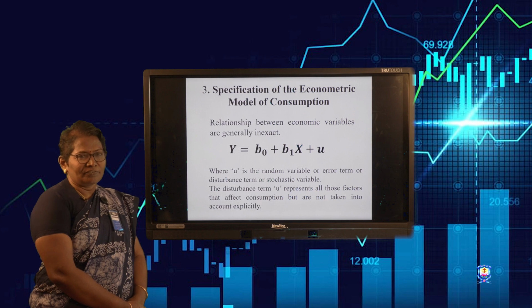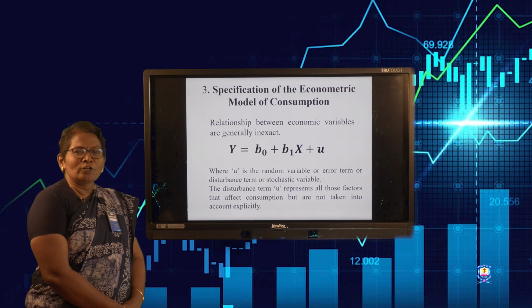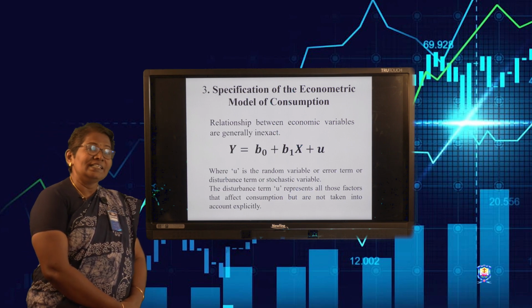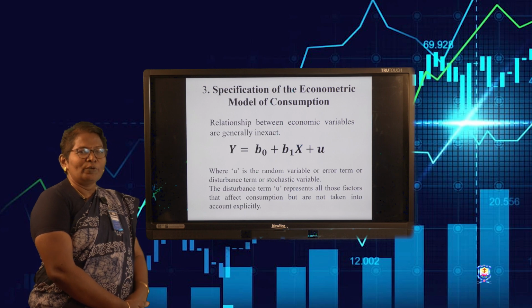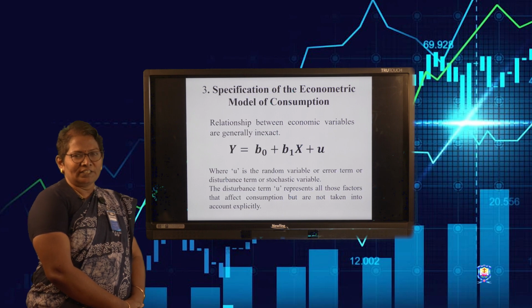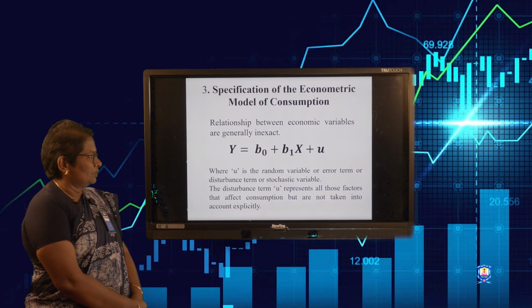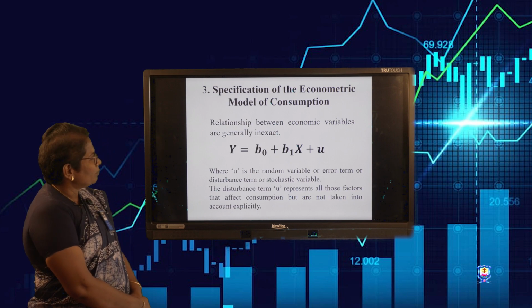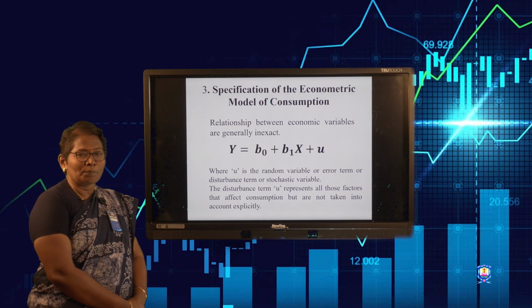But in real life, the relationships between economic variables are generally inexact, and therefore, to include the inexact nature of relationship among economic variables, an econometrician would modify the mathematical expression as follows, that is y = b0 + b1x + u.